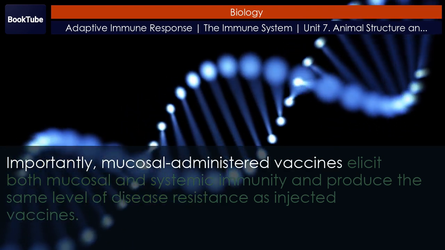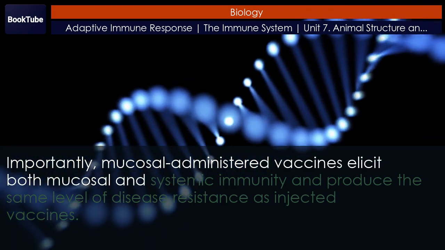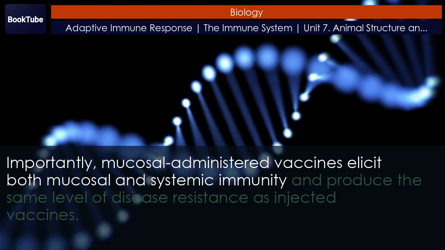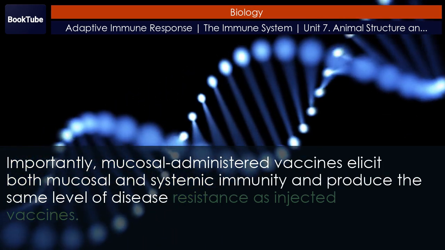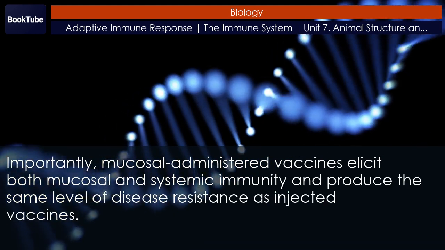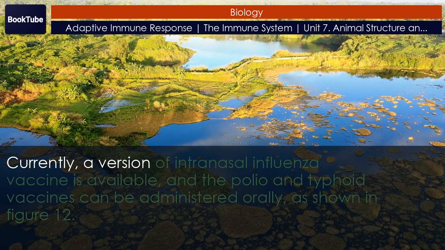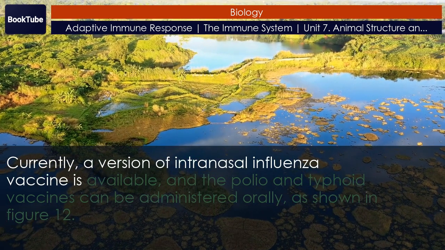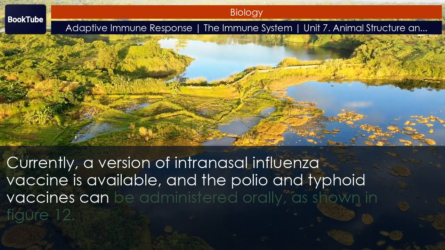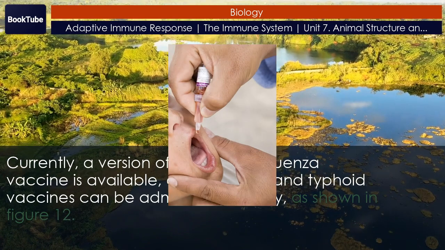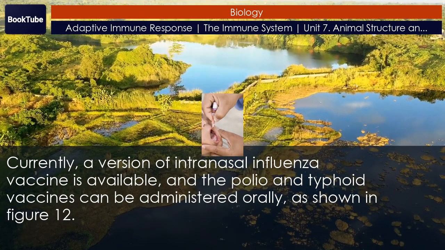Importantly, mucosal-administered vaccines elicit both mucosal and systemic immunity and produce the same level of disease resistance as injected vaccines. Currently, a version of intranasal influenza vaccine is available, and the polio and typhoid vaccines can be administered orally, as shown in Figure 12.